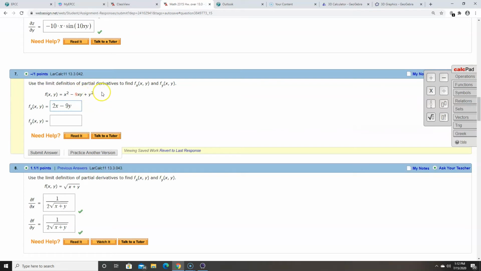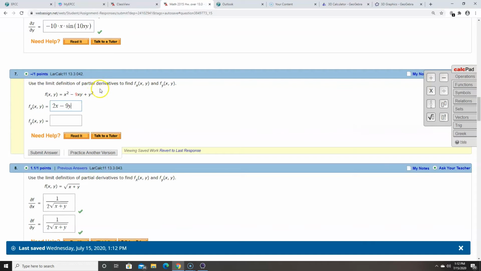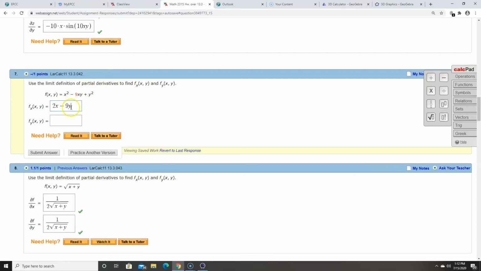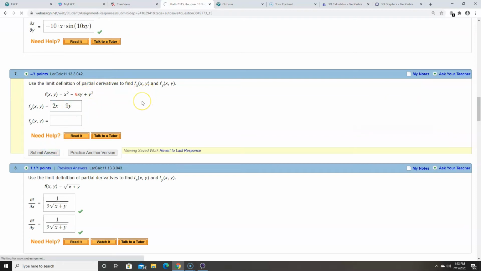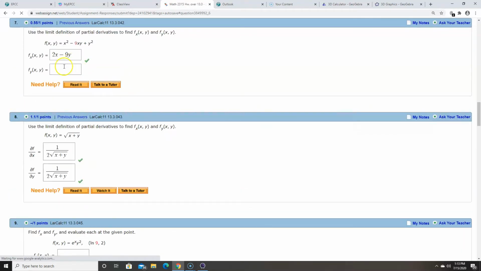And the derivative of y squared by itself, when y is a constant, the derivative of a constant by itself is 0, so that's it. And now you guys can do this one. The partial derivative of this same function, but with respect to y.